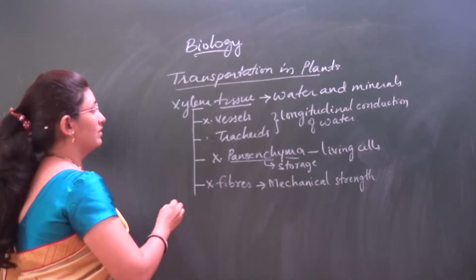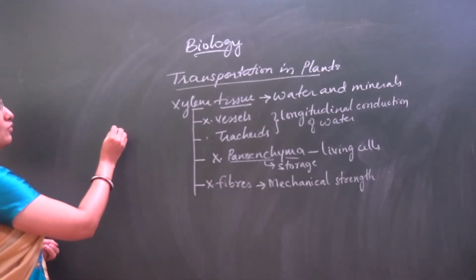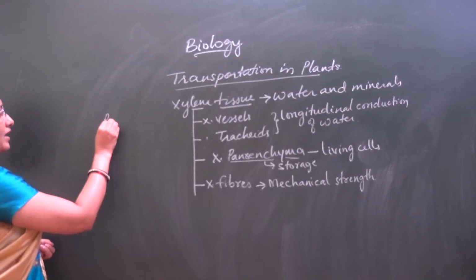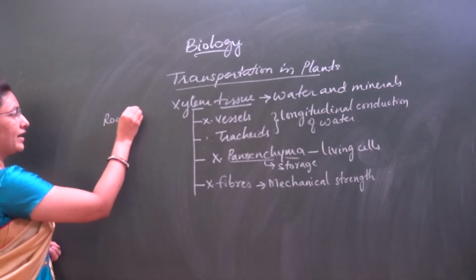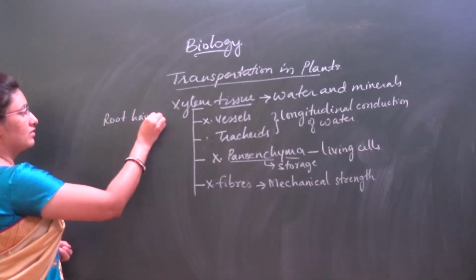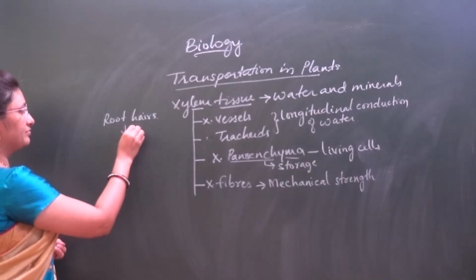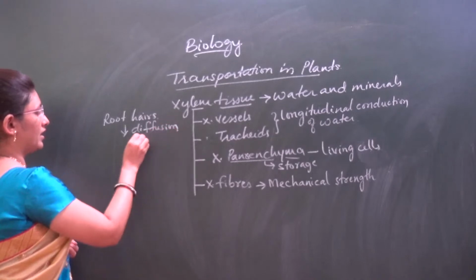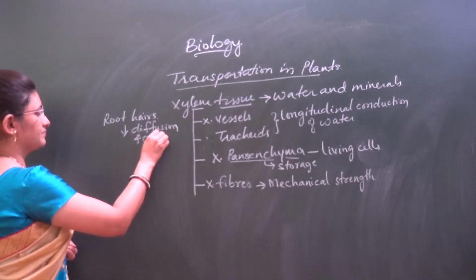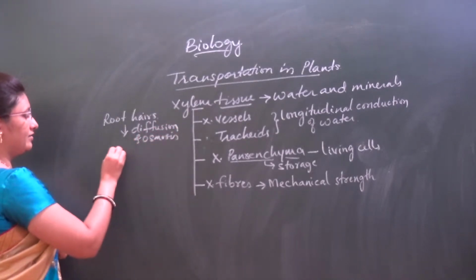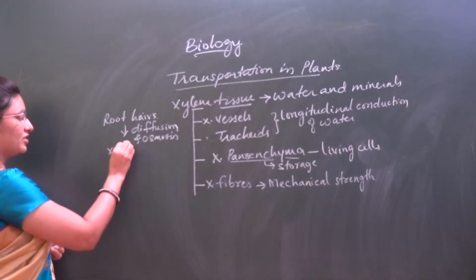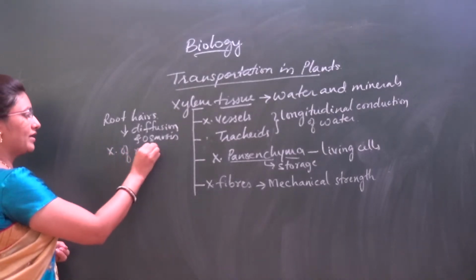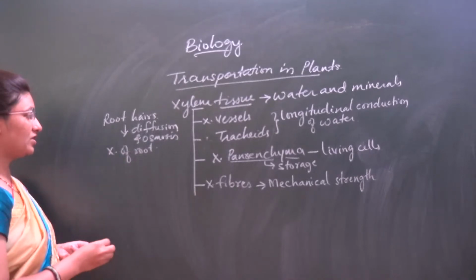Now, the water from the soil enters into the root hairs, isn't it? By the process of diffusion and osmosis, it enters into the xylem of the roots.